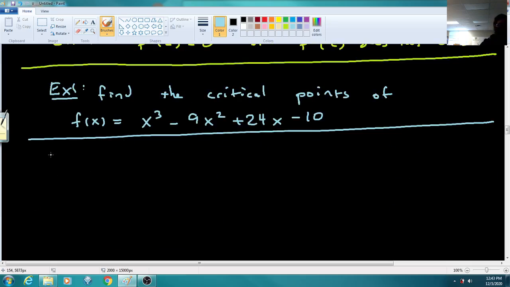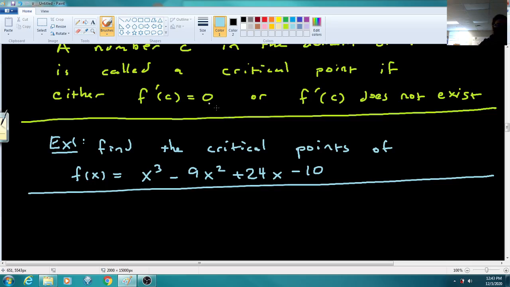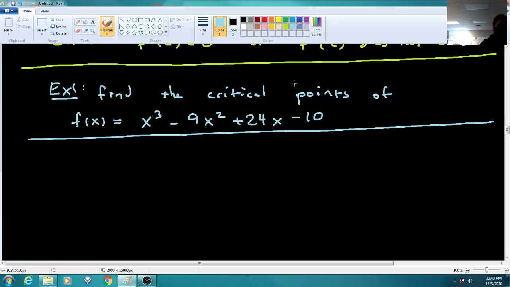We need to figure out the first derivative and then find where it is 0 or where it does not exist. The first derivative in this case would be 3x squared minus 18x plus 24.